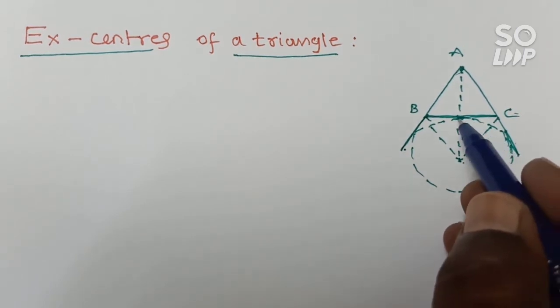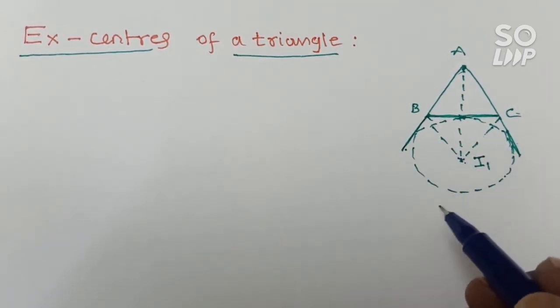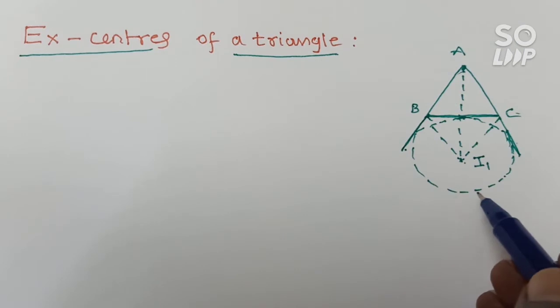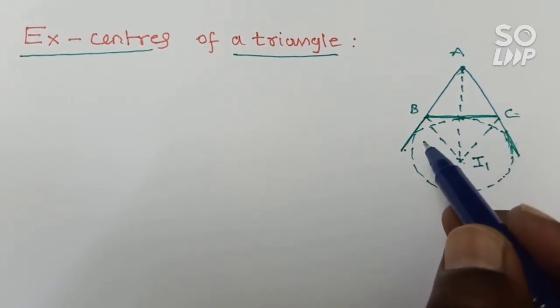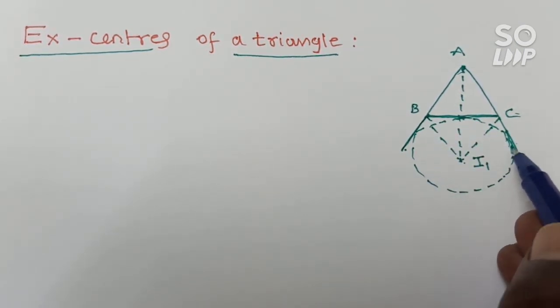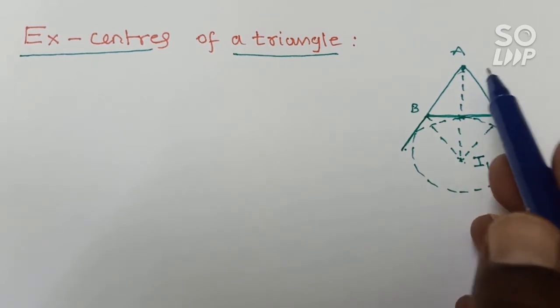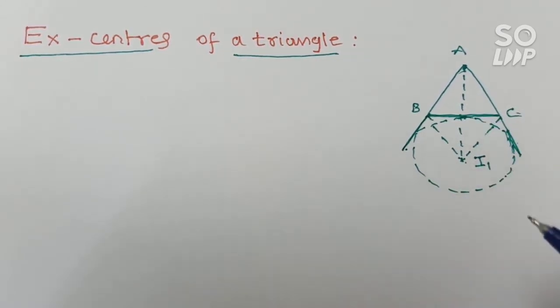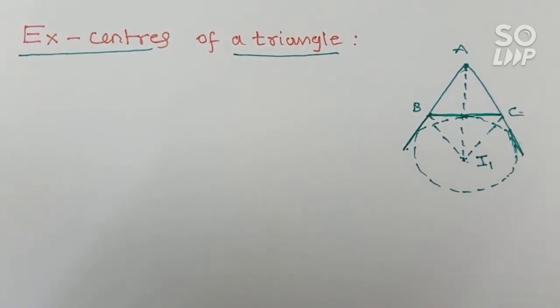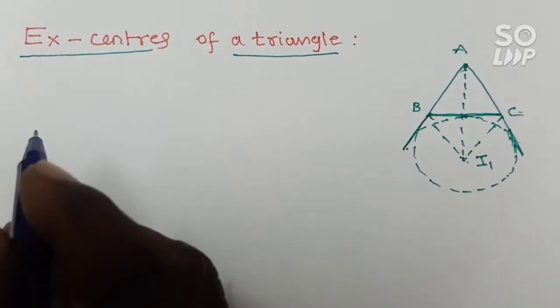Now this circle is called the excircle opposite to the vertex A. So what is the definition of the excenter of a triangle?